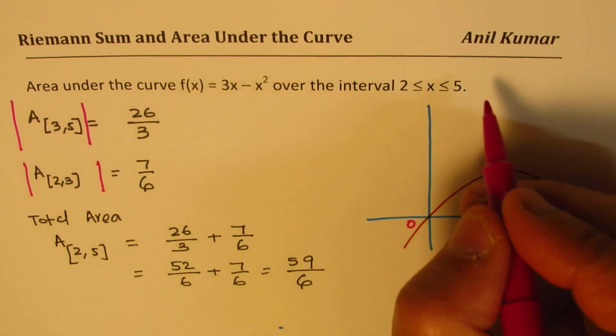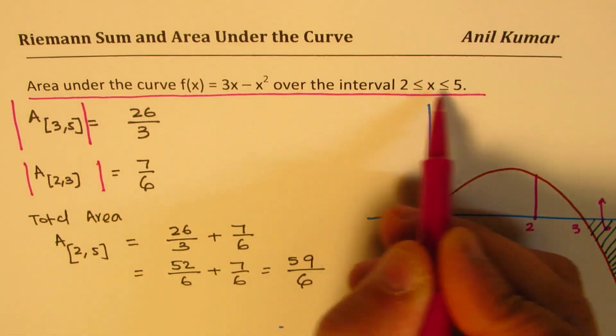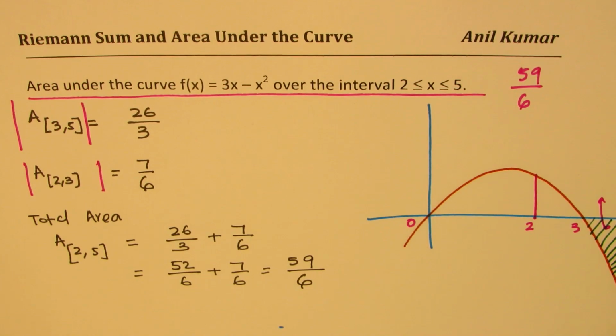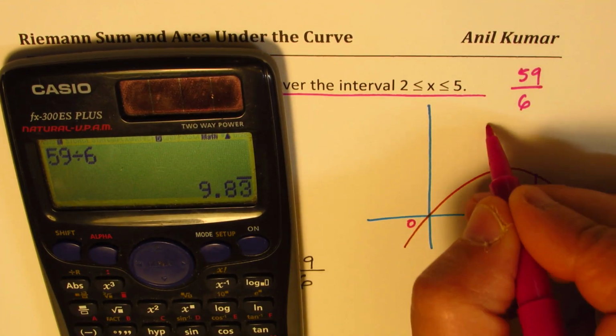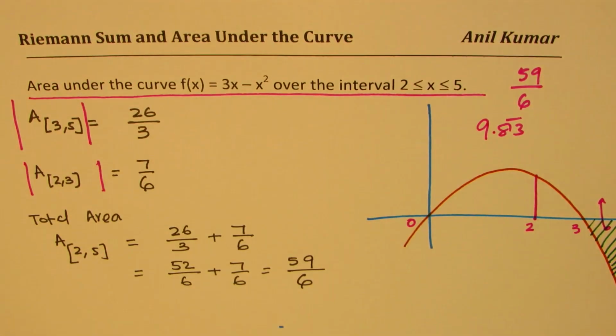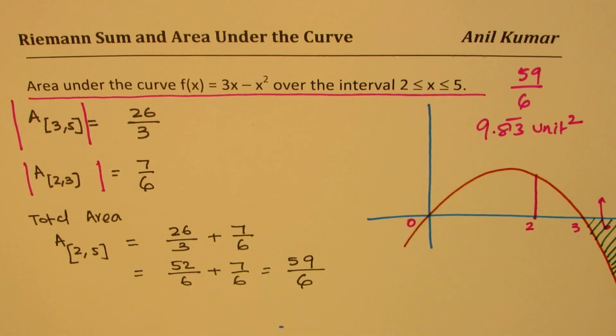So we can now say that this area under the curve over the interval 2 to 5 is 59 over 6, correct? Which is approximately 9.83 unit square. Perfect. So that is how this question will be solved.